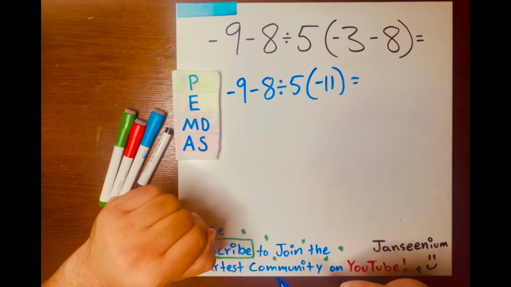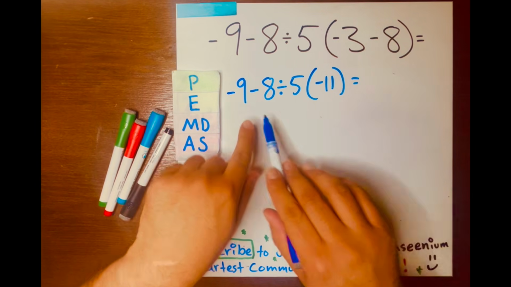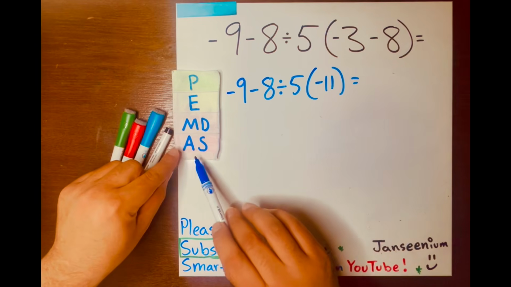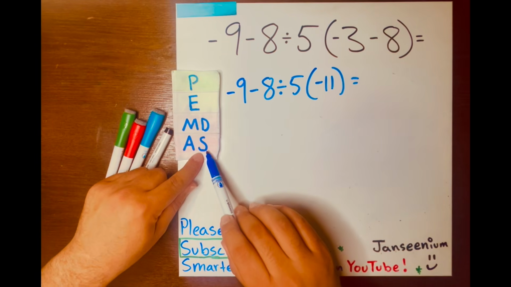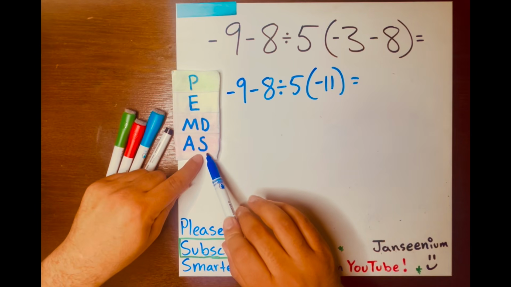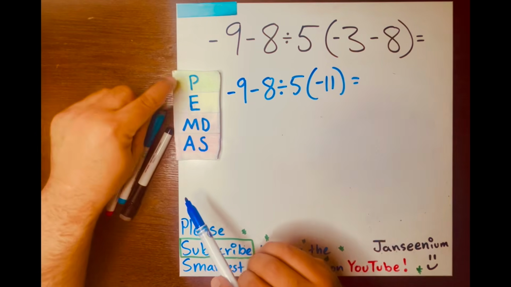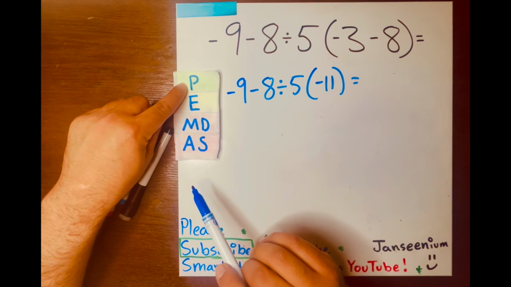And now we're looking at this. PEMDAS is saying that division goes first. You don't start with subtraction, which is the lowest level in PEMDAS. That's what the S stands for. A stands for addition, S stands for subtraction, and that's the lowest level. The highest level is P, parentheses.